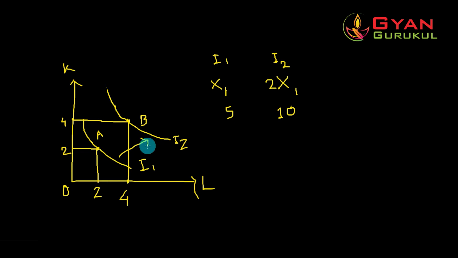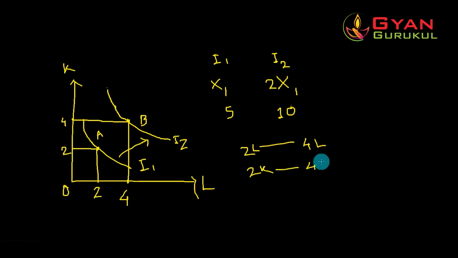In this case, what has happened? You have increased both the factors of production by 100%, from 2 units of labor to 4 units of labor, and similarly 2 units of capital to 4 units of capital.